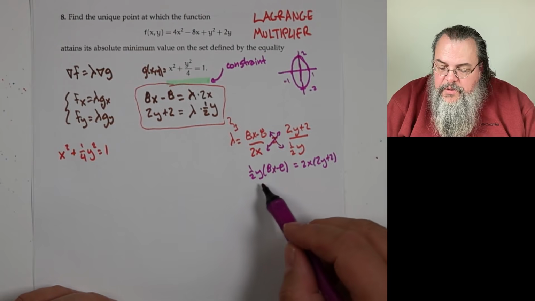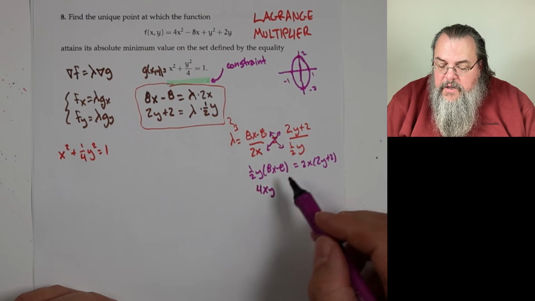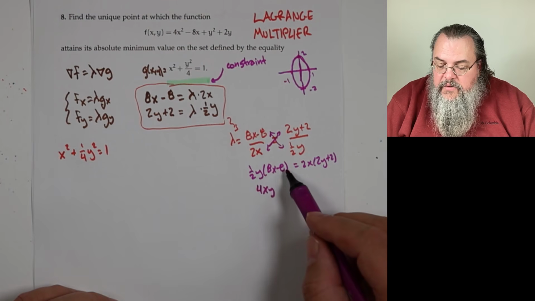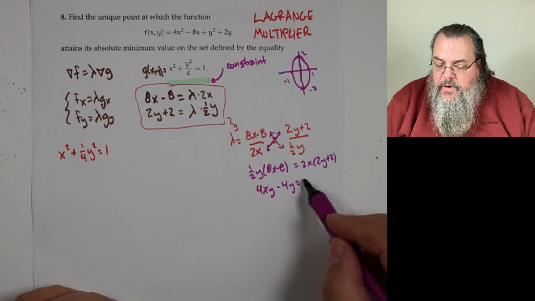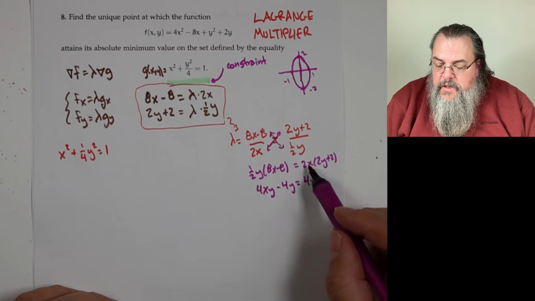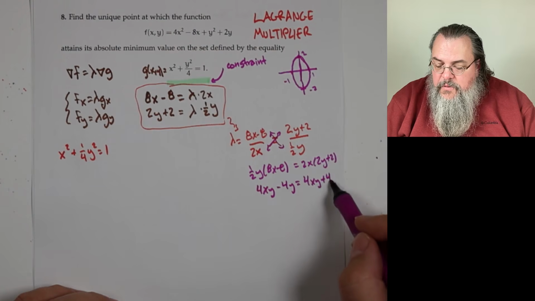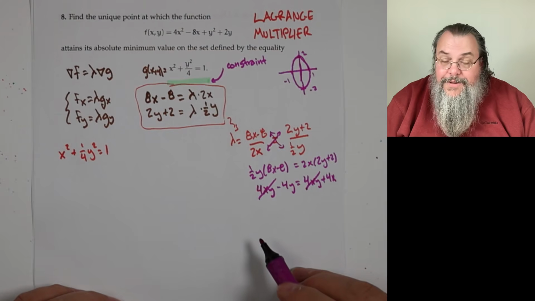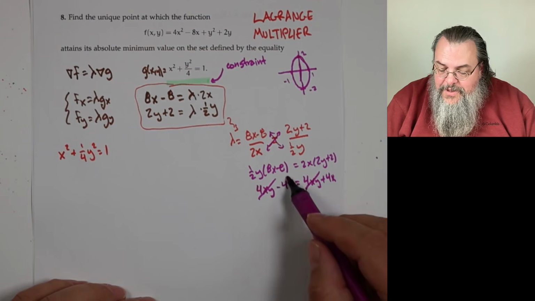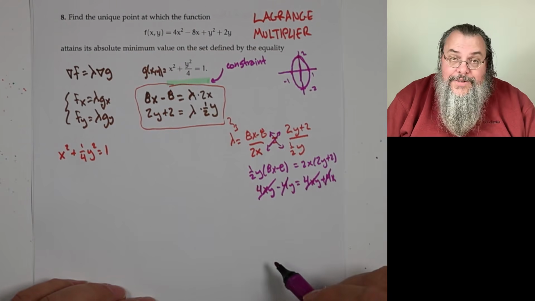If we multiply through, 1/2 times y times 8x is 4xy, then 1/2 y times minus 8 is minus 4y. Here, 2x times 2y is 4xy, and 2x times 2 is 4x. The 4xy's cancel. That's good news. The 4's cancel. That's good news.